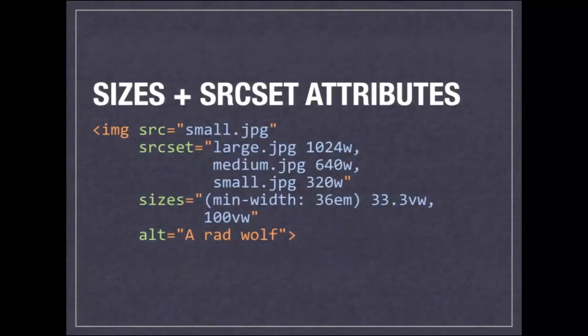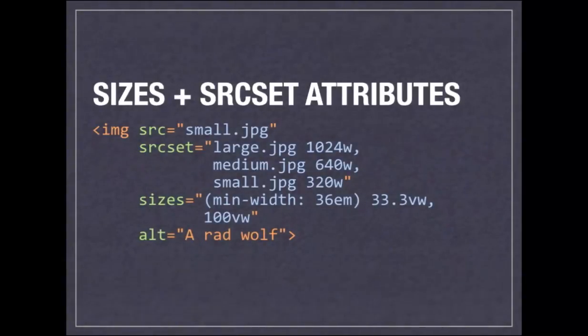But this is a little bit different. Instead of just doing a low-res and a high-res version, here we have options that say what the width of each image is. 1024w means this image is 1024 pixels wide. So the browser doesn't have to do any work to figure out how big each file is, because otherwise it would have to actually download the image to know. So we're going to tell it exactly how big it is.